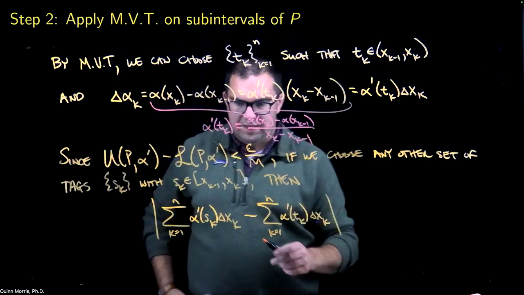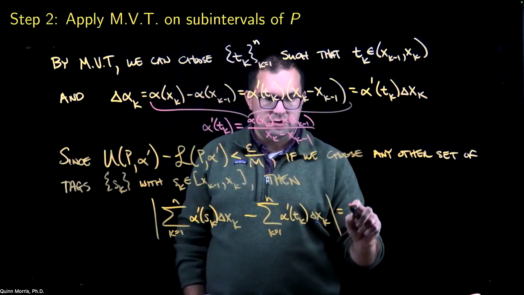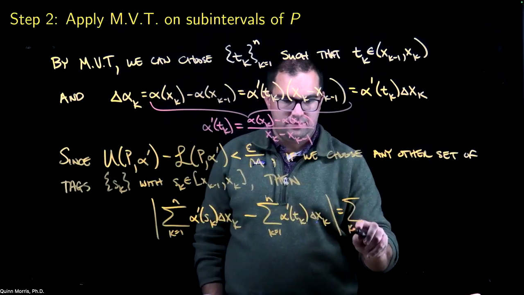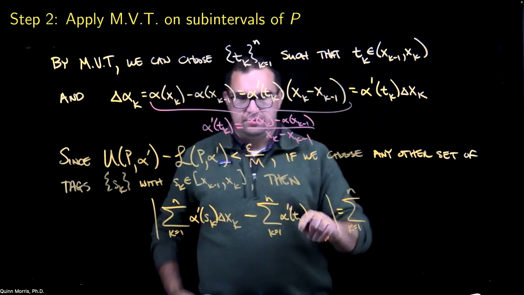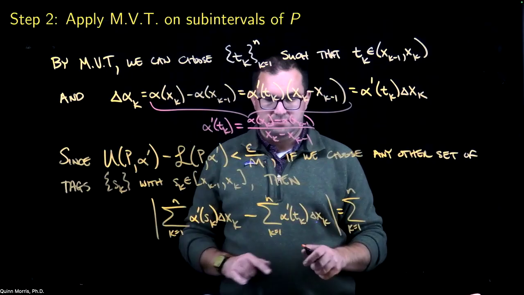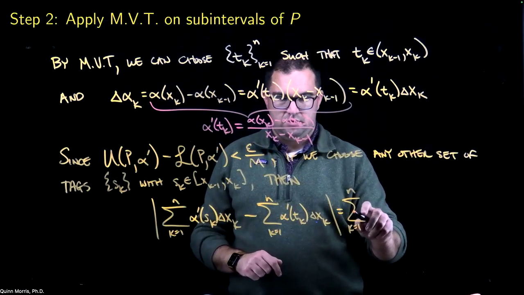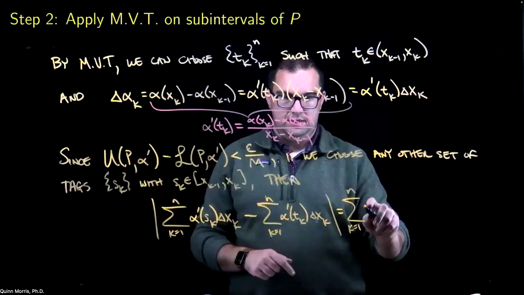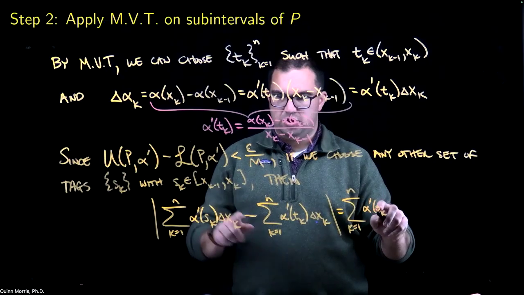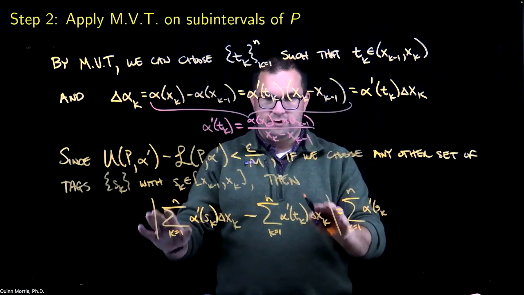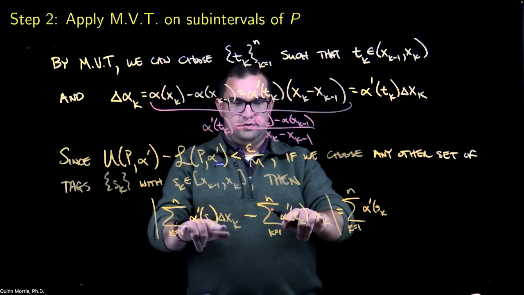So if I take this, I can do a little algebra here. What I'm going to do first is combine these sums. If I just look inside first, forget about the absolute values for a second, we'll come back to those.